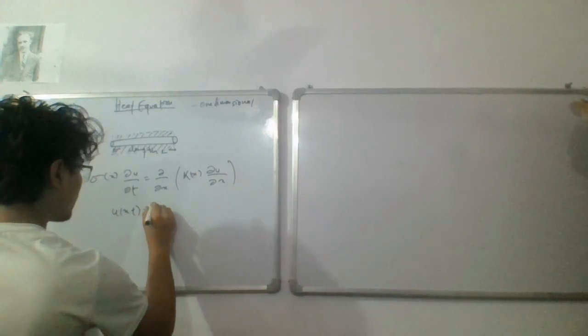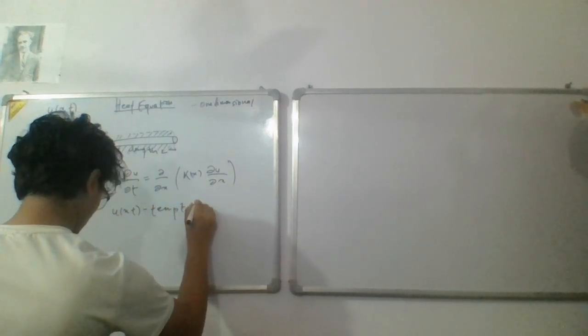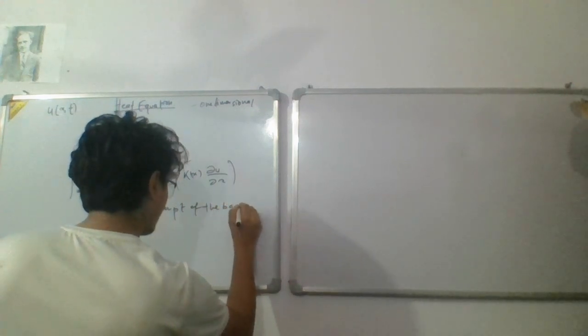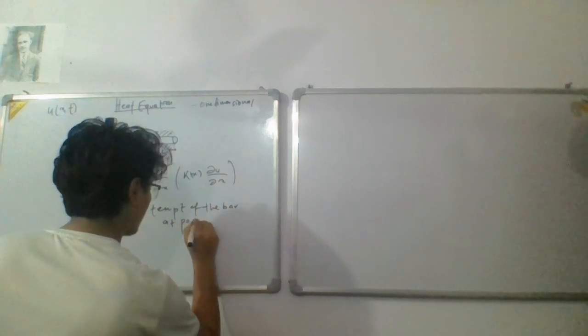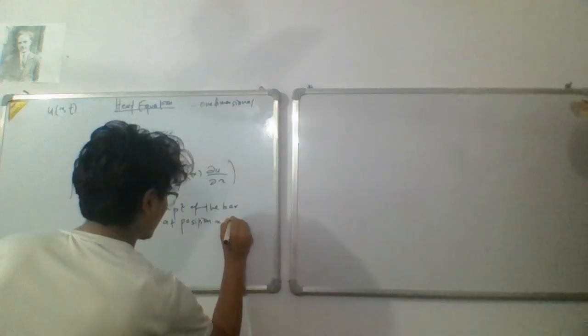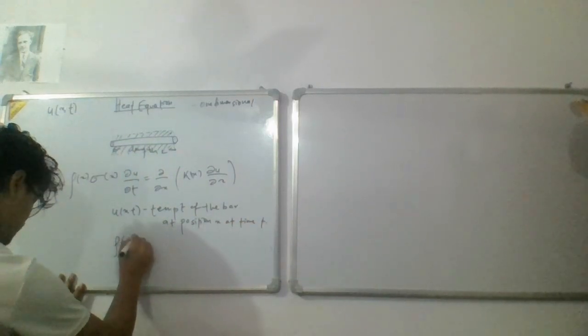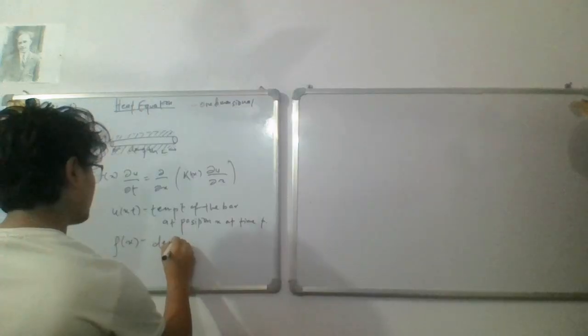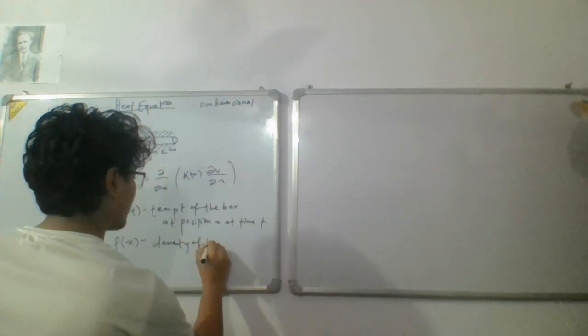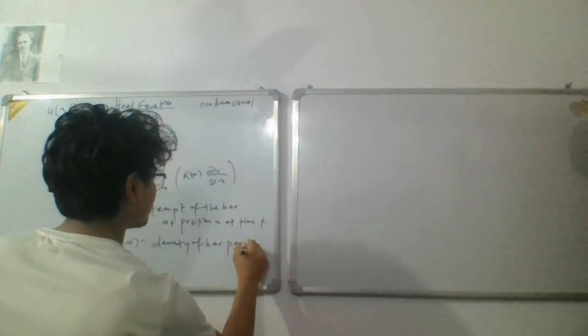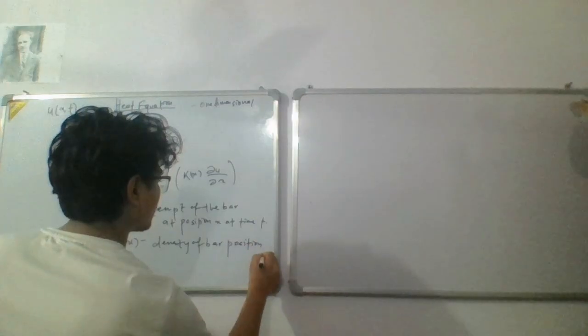is the temperature of the bar at position x at time t. Rho x is the density of the bar at position x.